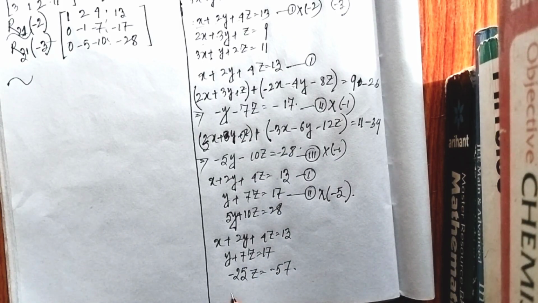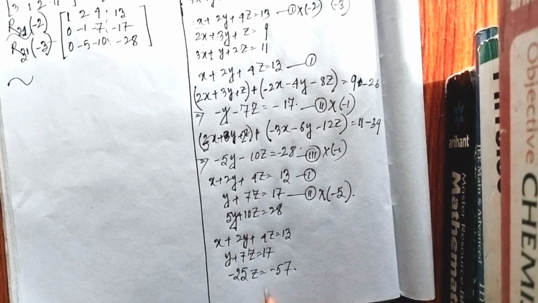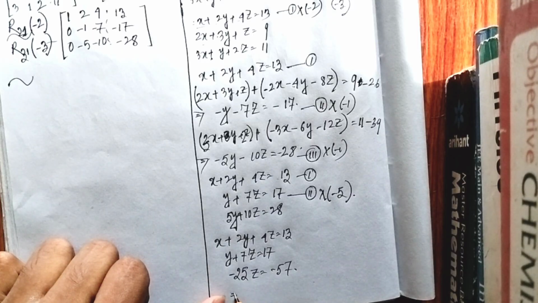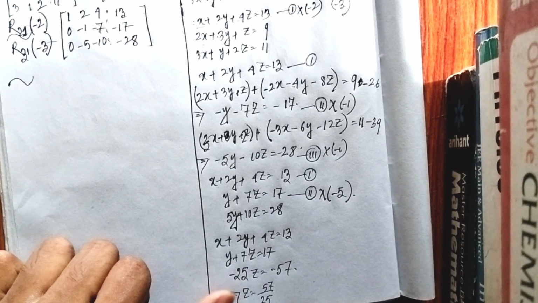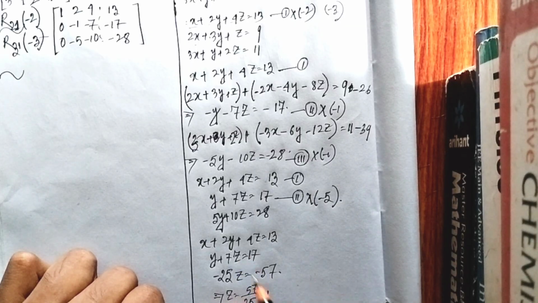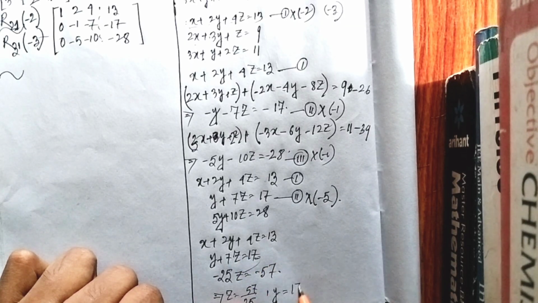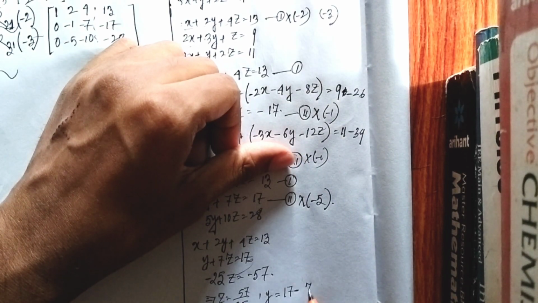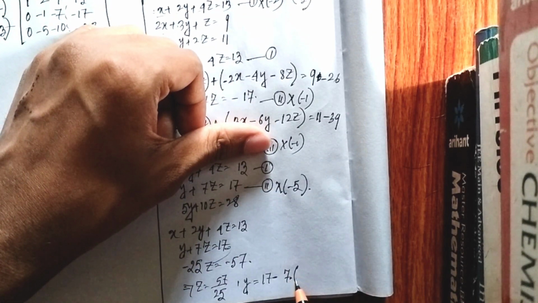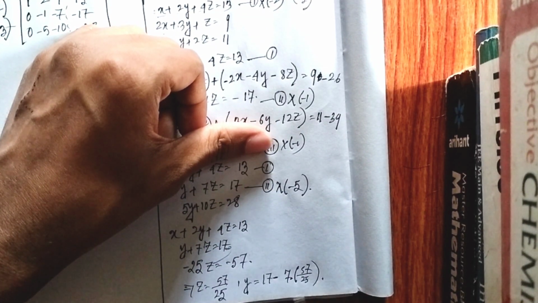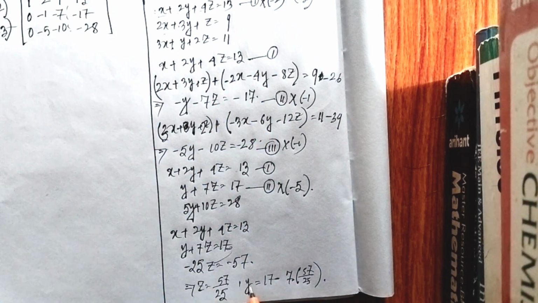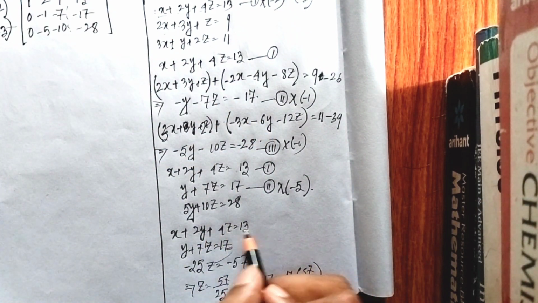Okay, so I think for this case we already have the solution. From here we can find the value of z, and putting this value of z in this equation, we can have the value of y also, and using this value of y and z, we can have the value of x.